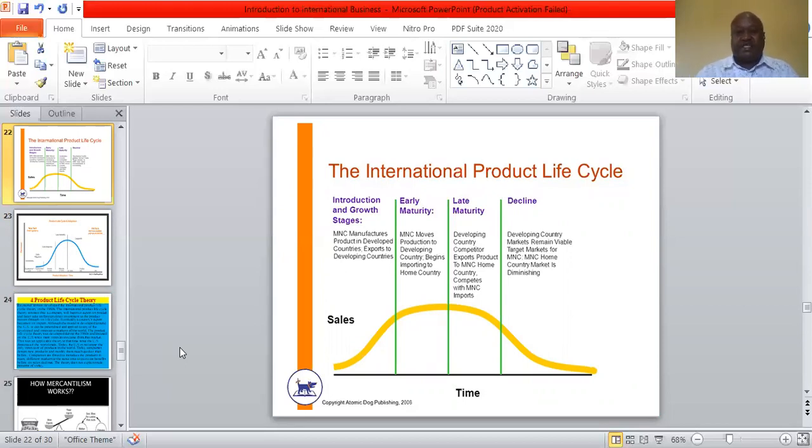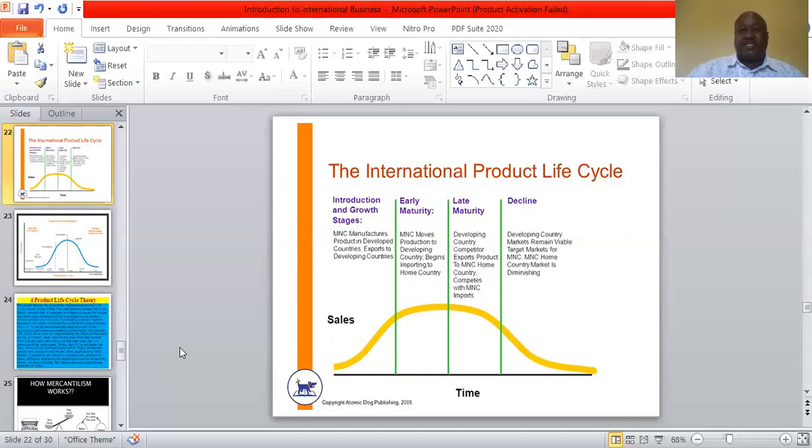Then there is early maturity, where the multinational moves production to a developing country and begins importing to the home country. Late maturity, where the developing country competitor exports products to the multinational's home country and competes with the multinational corporation's imports.